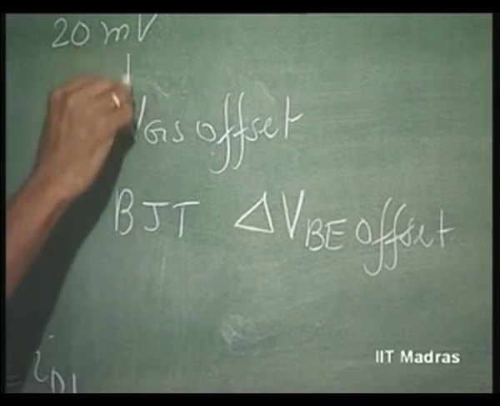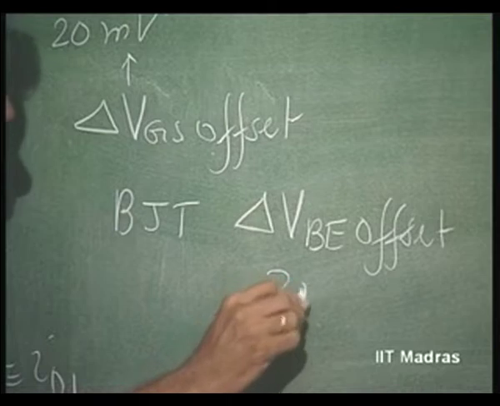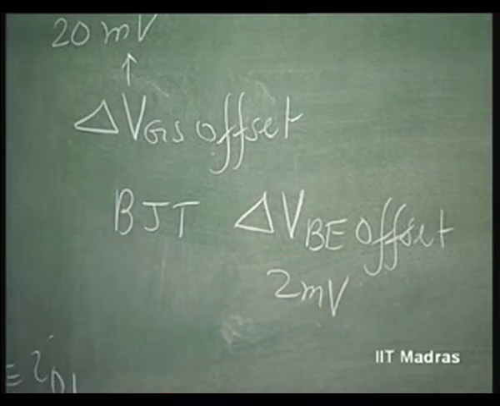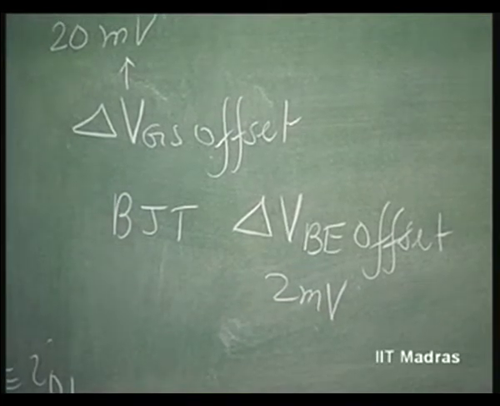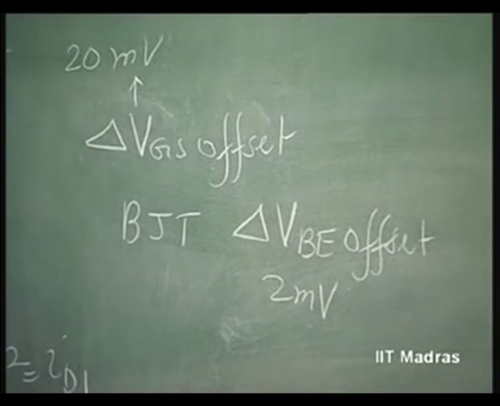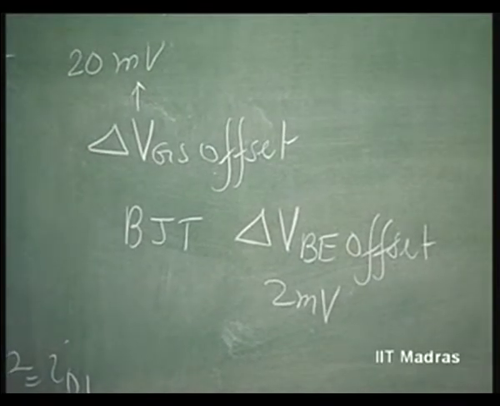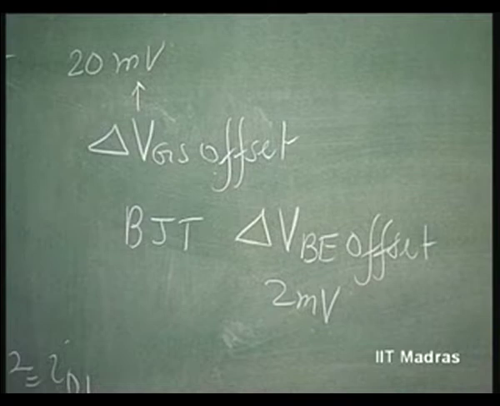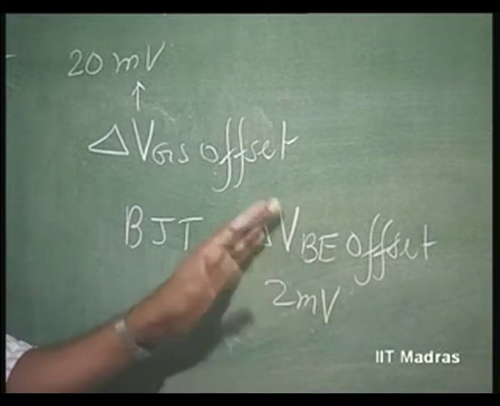So, this is of the order of 20 millivolts as against 2 millivolts in BJT. So, at any time you can say therefore that as far as delta VBE or delta VGS offset is concerned, the BJT is the one to be selected.